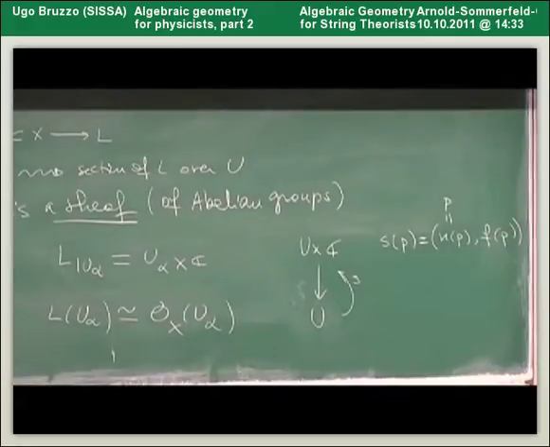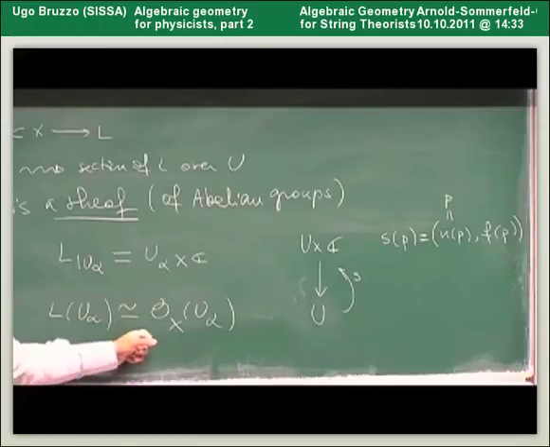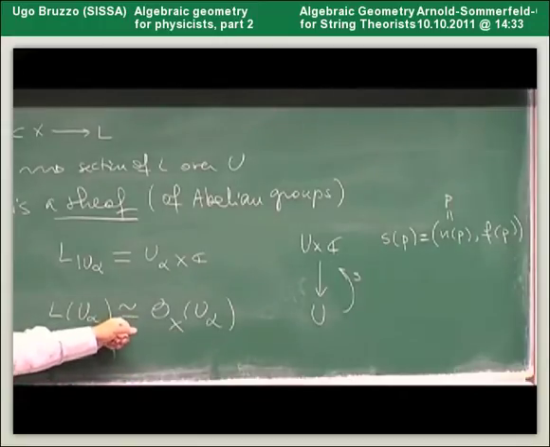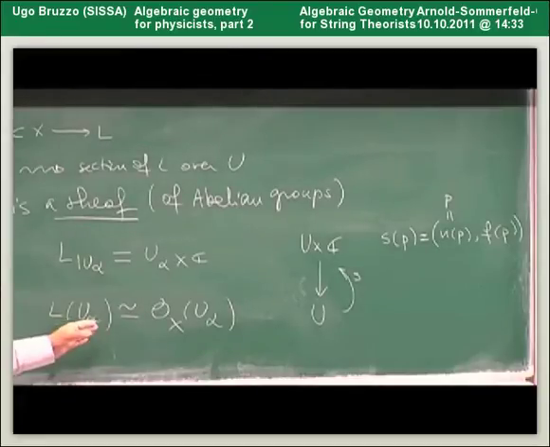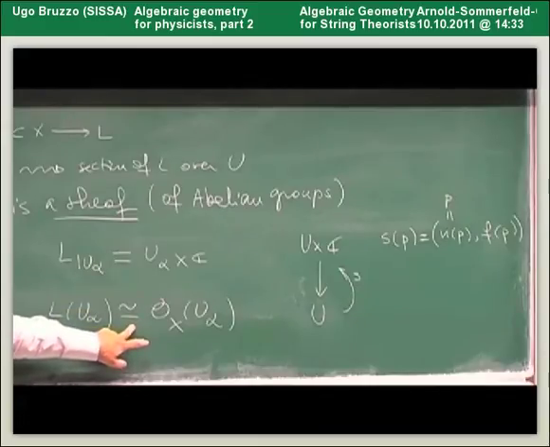So I'm not saying that L is the same sheaf as O of X, because this is true only locally. It may very well be that I choose an open subset over which L does not trivialize, and therefore this will be false.